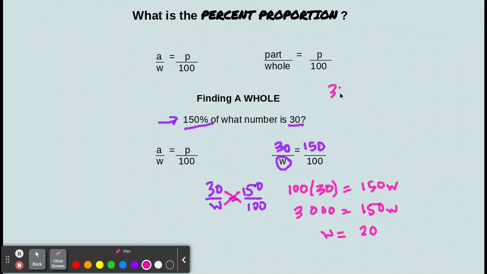So 30 over 20, 20 is our whole, is 150%. Meaning 150% of 20 is 30. 150% of 20 equals 30.